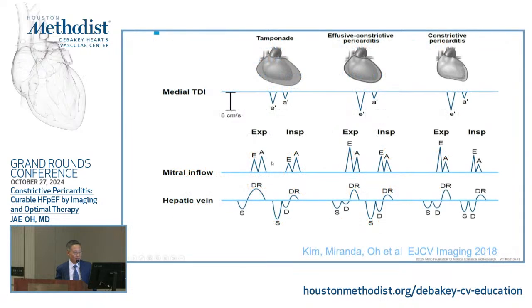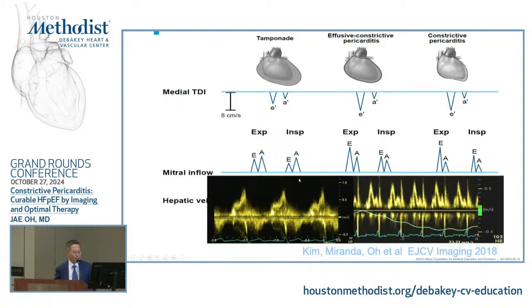This is an interesting paper that Dr. Miranda published. When you have a large effusion and pure tamponade versus a patient with effusive constriction, the mitral inflow velocities are different. In tamponade patients, Doppler is more like grade 1 diastolic function, because you have the delay of filling from early diastole, so E velocity is very small and A velocity is high. This is a typical pure tamponade.